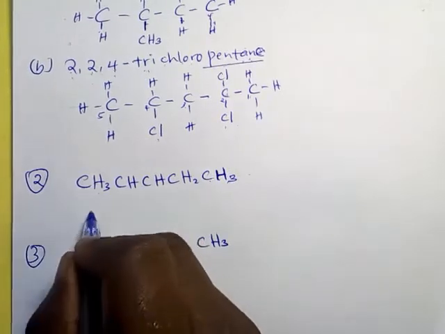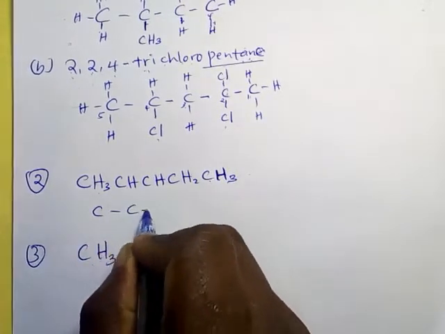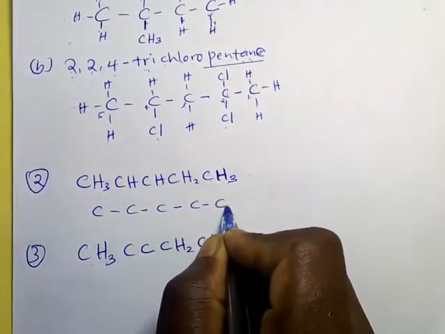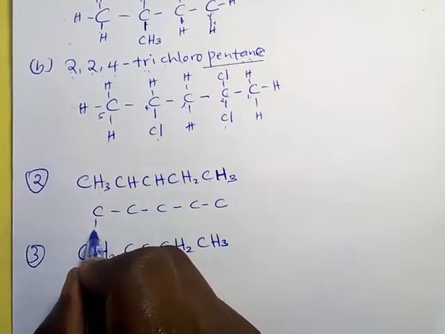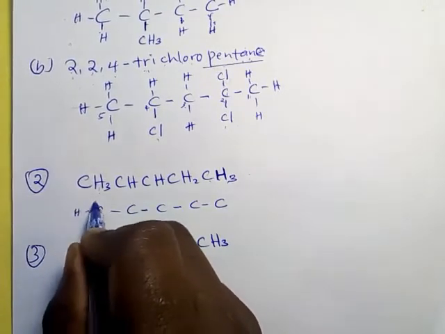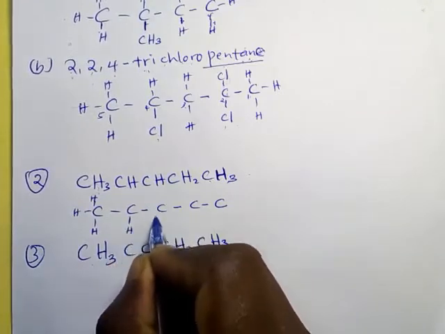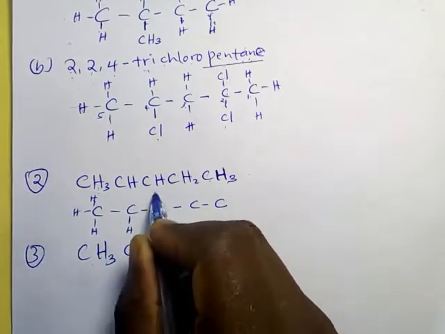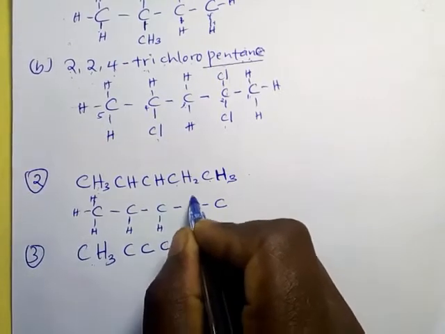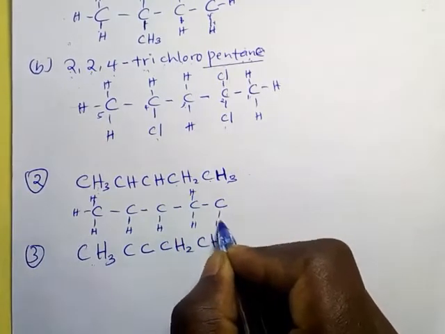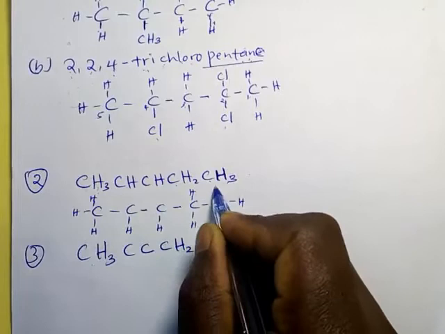So let us draw 5 carbon atoms. 1, 2, 3, 4, 5. Hydrogen here we have 3. Here we have 2, here 1, another one here. Here we have 2, here we have 2. Here we have another one, another one, and another one.